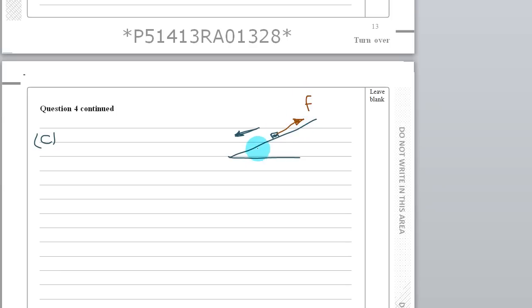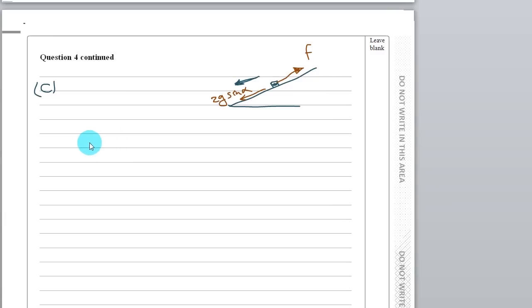So this is the friction, and we have the same force, which is 2g sine alpha here. So now for the motion, 2g sine alpha minus F will equal ma.